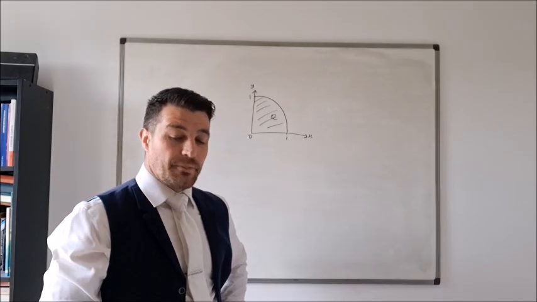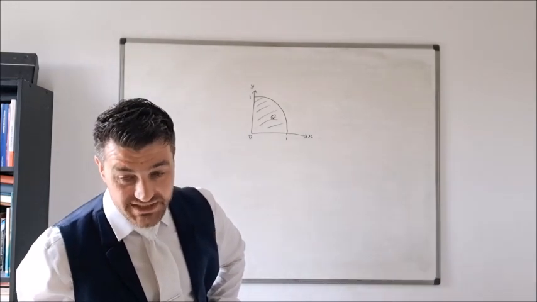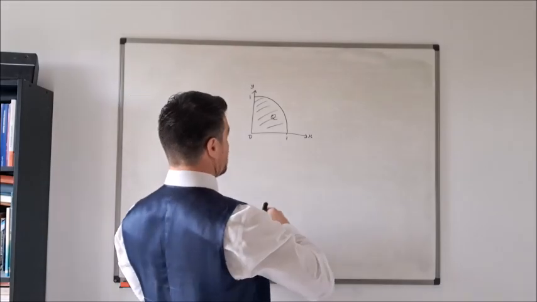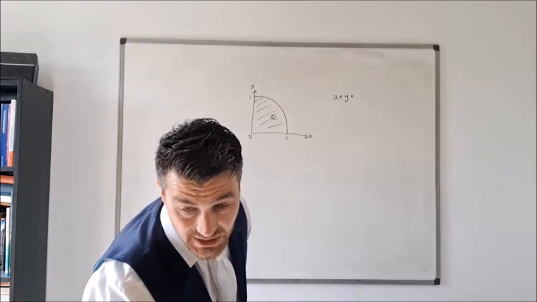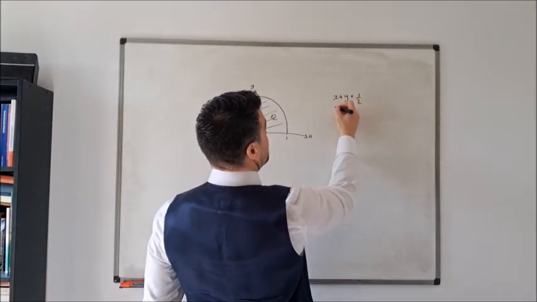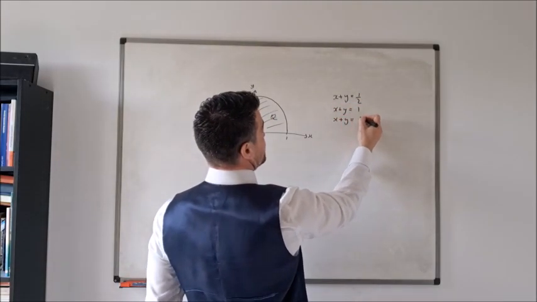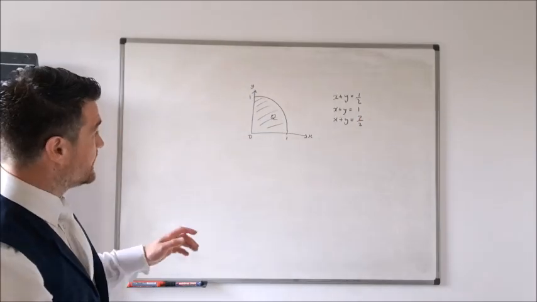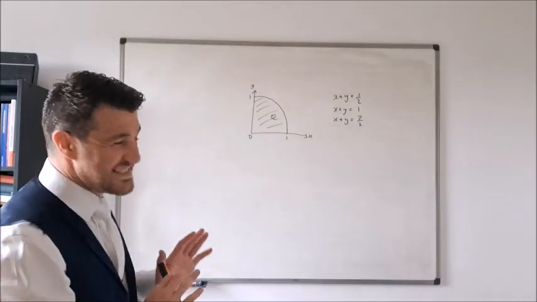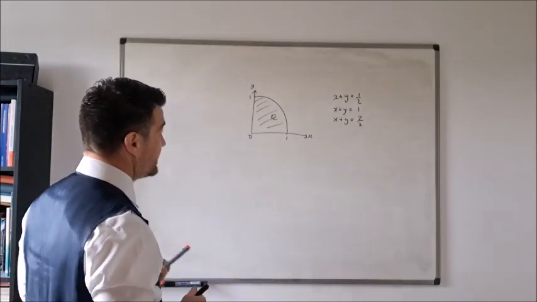So it says, on the axes in figure A, sketch the graphs of x plus y equals a half, x plus y equals 1, and x plus y equals 3 halves. Okay, so this is easy, by the way. There's nothing difficult here. So where's my red pen?